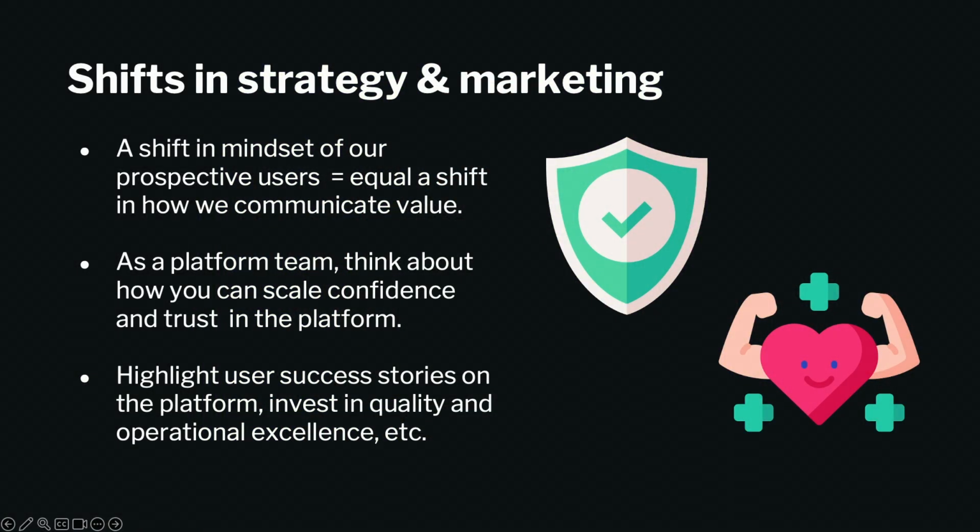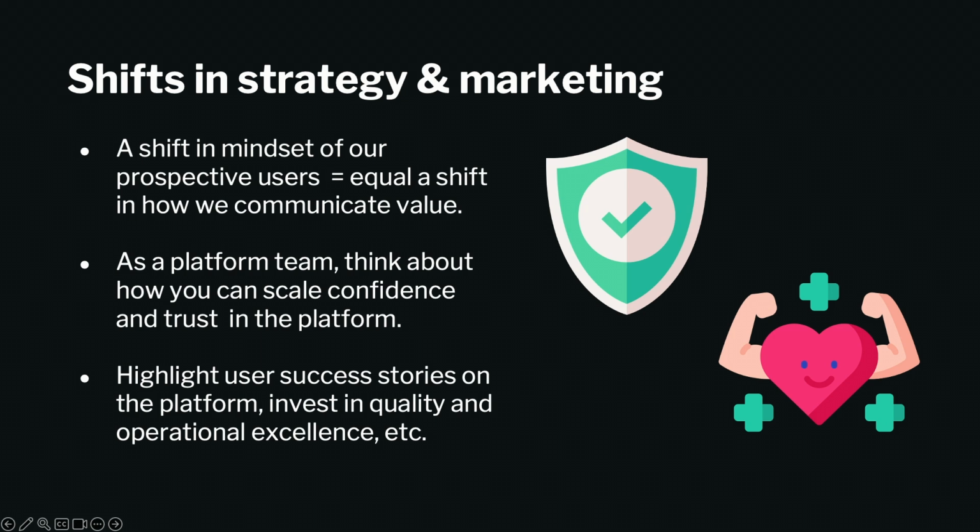So one thing to think about as you're doing this is make sure you're rooting early architecture decisions for your platform within the context of your company's business needs and the culture of your tech org. One size doesn't fit all for everybody. Everybody's not going to be able to take the same approach. As a platform team, think about how you can scale confidence and trust in your platform.